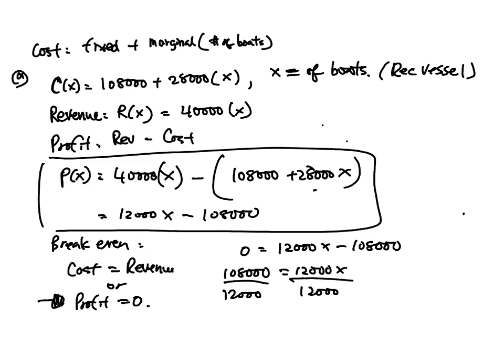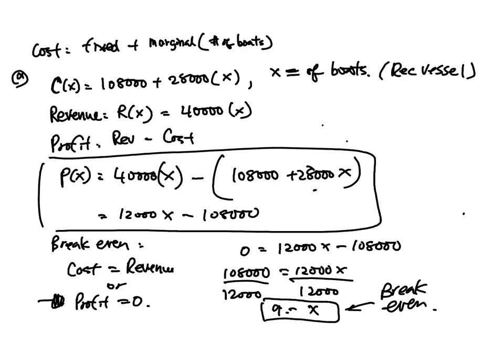So 108,000 divided by 12,000 is 9. So to break even, you need to sell 9 boats.